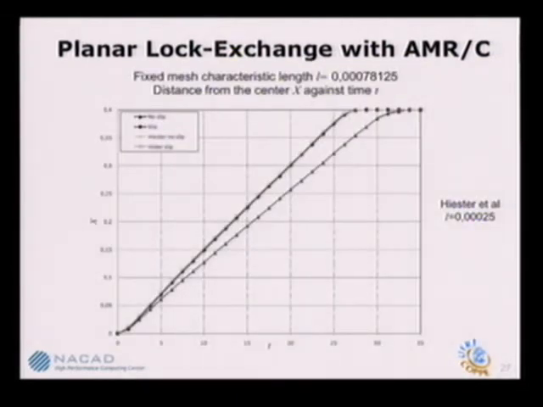Let me remind you, this history here is the Ocean research paper published in 2011. This is the fixed mesh characteristic length of our computation. And for slip and no slip on the top boundary, we compare our solution with the 2D solutions, which compares very nicely.